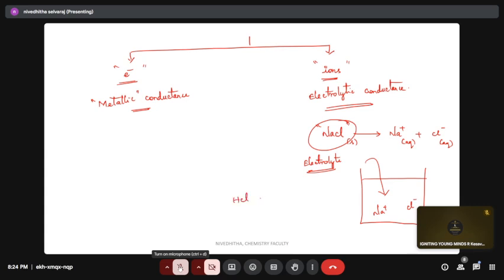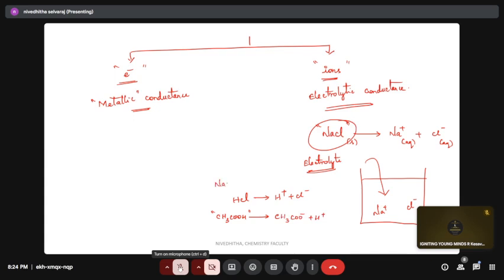Similarly HCl. If we dissolve HCl in water, how will it get dissociated? H plus and Cl minus. I have CH3COOH. What is the name of this compound? Acetic acid, madam. Very good, acetic acid. How will it get dissociated? CH3COO minus and H plus.